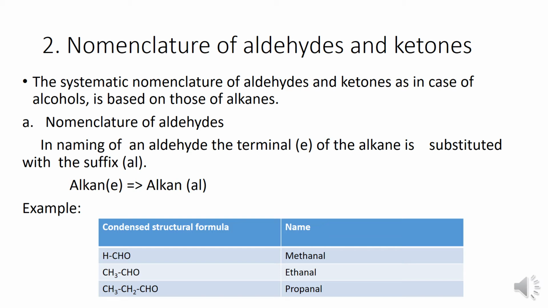Let us take examples of aldehydes. Let's start with n equal 1. The molecular formula will be CH2O. How to draw the condensed structural formula? As you see here, H bond CHO.